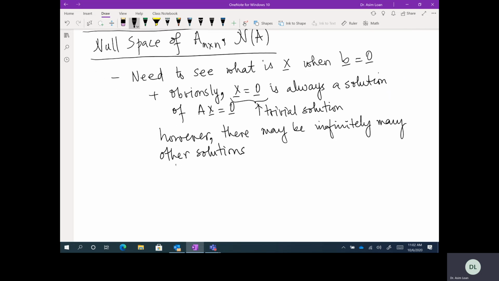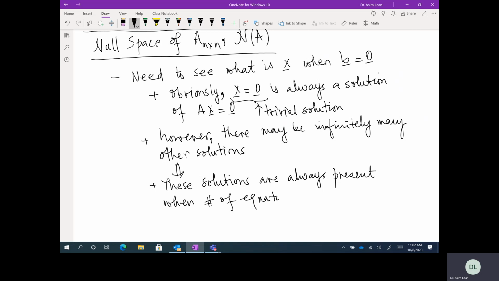These solutions are always present when the number of equations, which is m, is less than the number of unknowns.